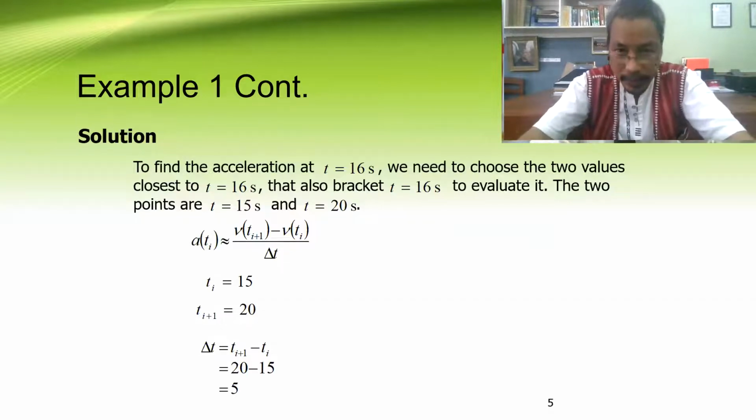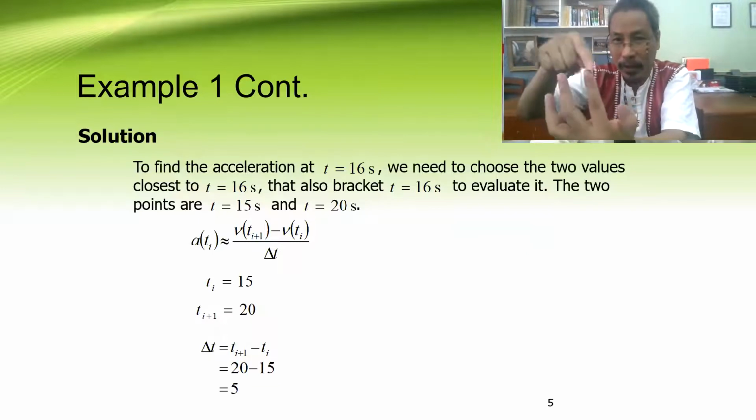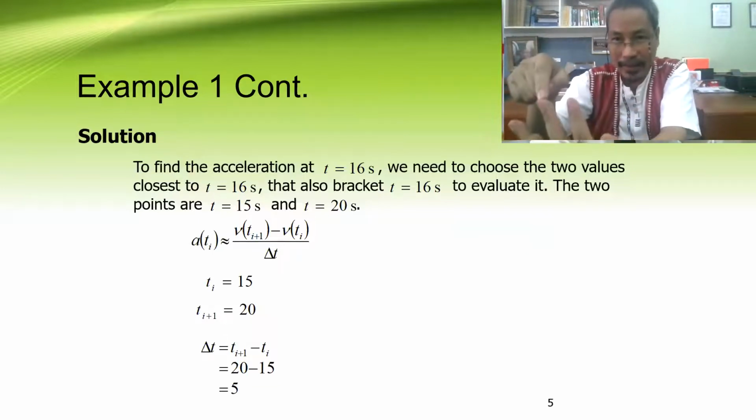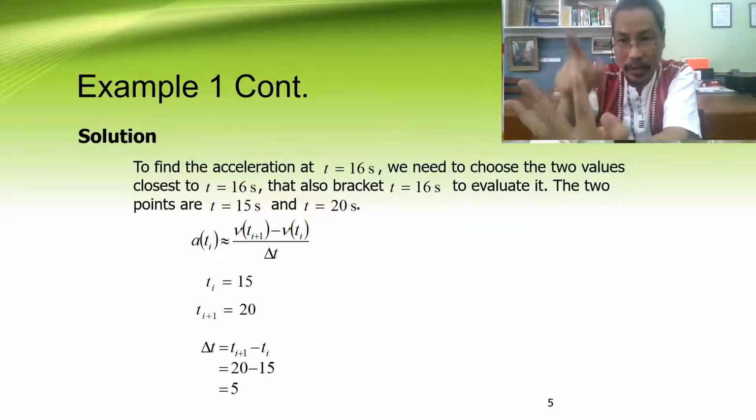However, to find the acceleration at time 16 seconds, we need to choose the two values close to 16 seconds. What are those values? Of course, 15 and 20, which are discrete. There is a value at 15 seconds. There is a value at 20 seconds. There is no value at 16 seconds.